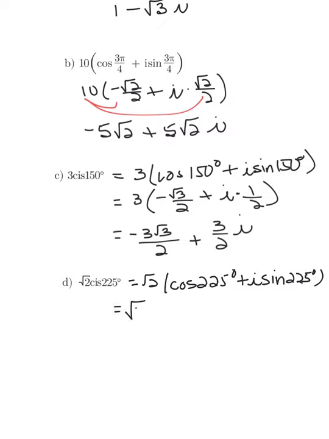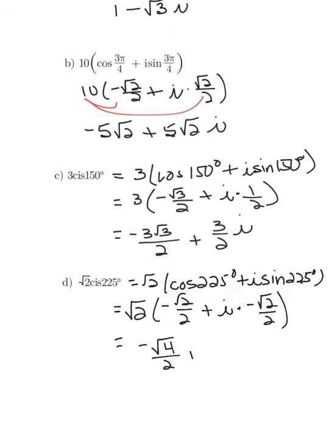So replacing our values, cosine of 225 is negative square root of 2 over 2 plus i sine of 225 is also negative square root of 2 over 2. Now, when we distribute this, we will get negative square root of 4 over 2 plus negative square root of 4 over 2 times i.